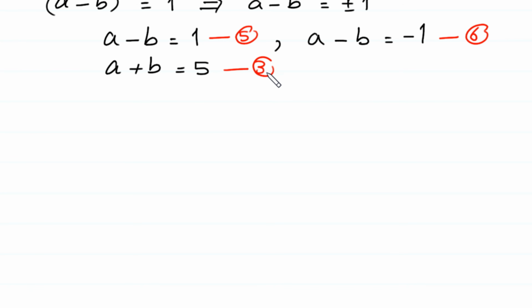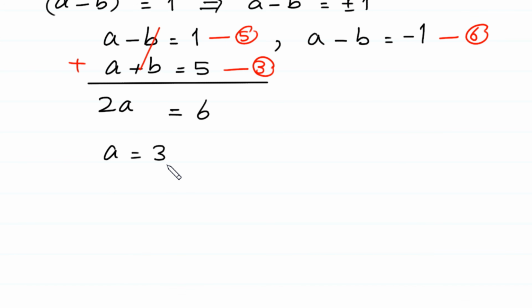This is equation 3, and we add these two equations, 1a plus 1a, 2a, and this negative b will be cancelled with this positive b, is equal to 1 plus 5, 6. And if we divide both sides by 2, we get the value of a 3. And if we put this value of a 3 in equation 3, we get the value of b 2.